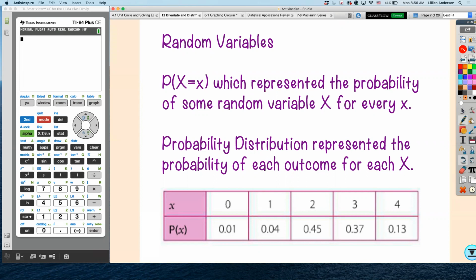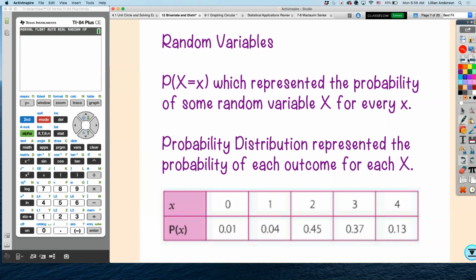Capital P of capital X equals lowercase x represents the probability of some random variable X for every little x, which could be any value, 1, 2, 3, 4, 0, whatever.